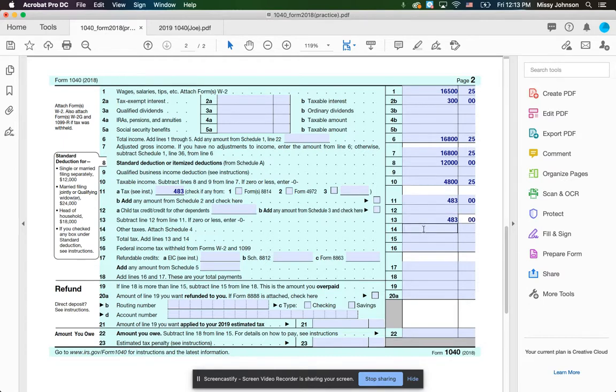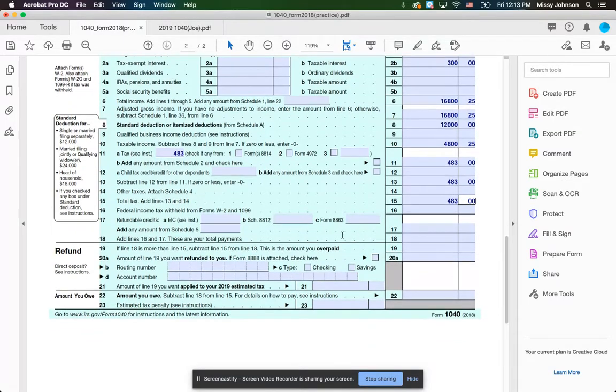Line 14 asks us if we have other taxes. We do not. Line 15, total tax. Add up 13 and 14. So again, 483. For these simple forms, we really don't have a lot of information that we have to worry about. Line 16 says, what have we already withheld from our taxes? We're going to look at that W-2 form again.